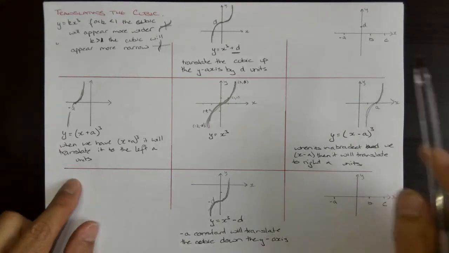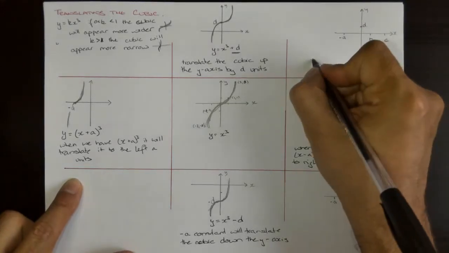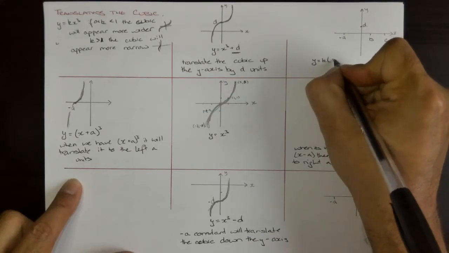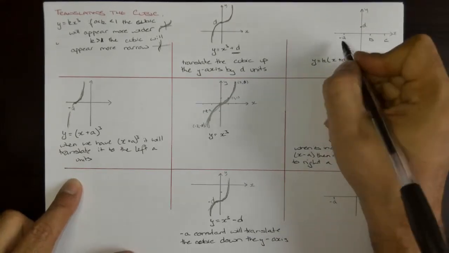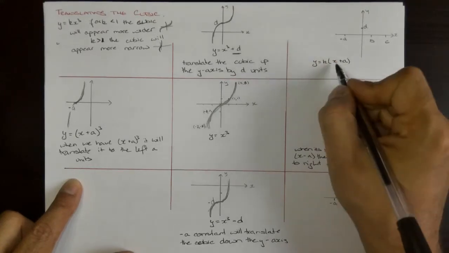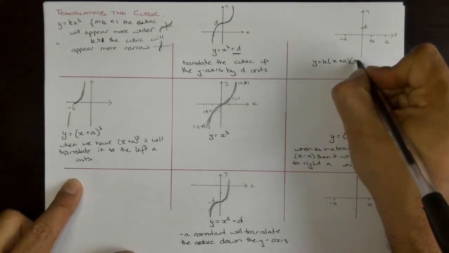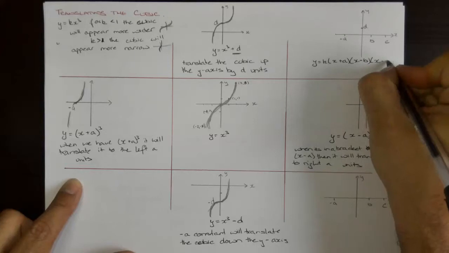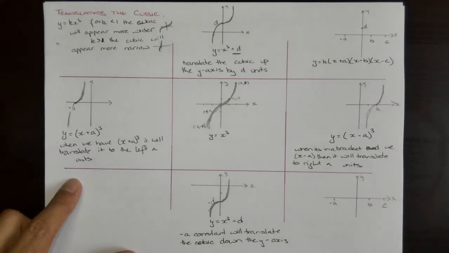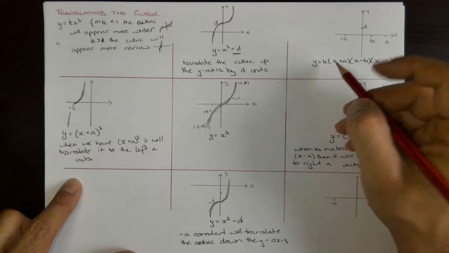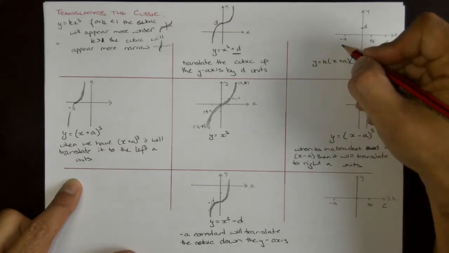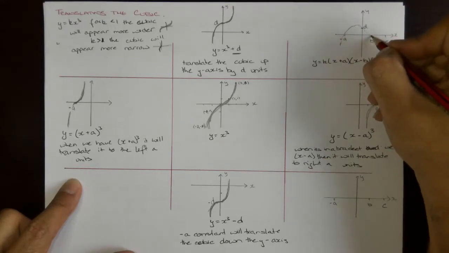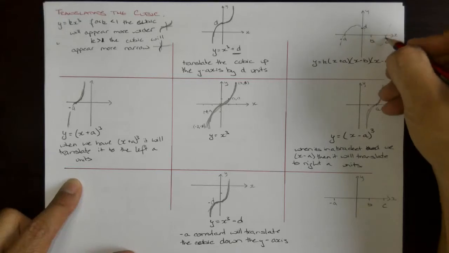A cubic can also have 3 roots. It can be written in this format: k, x plus a, x minus b, and x minus c. Because it's a positive k, it will cause the cubic to look like that.